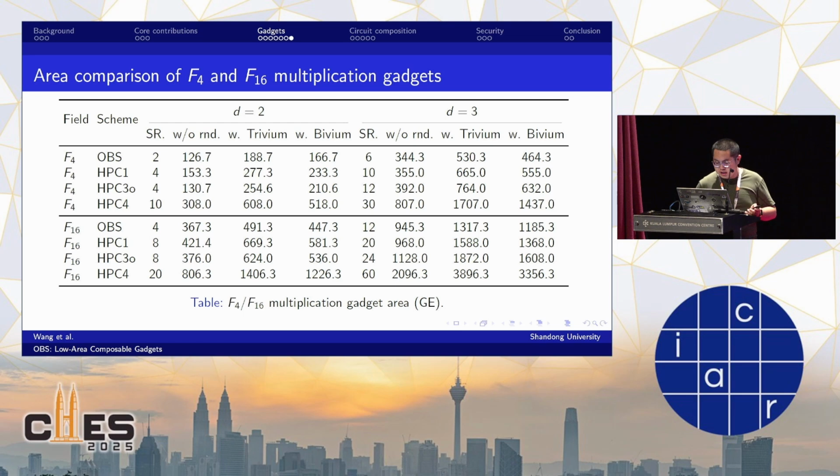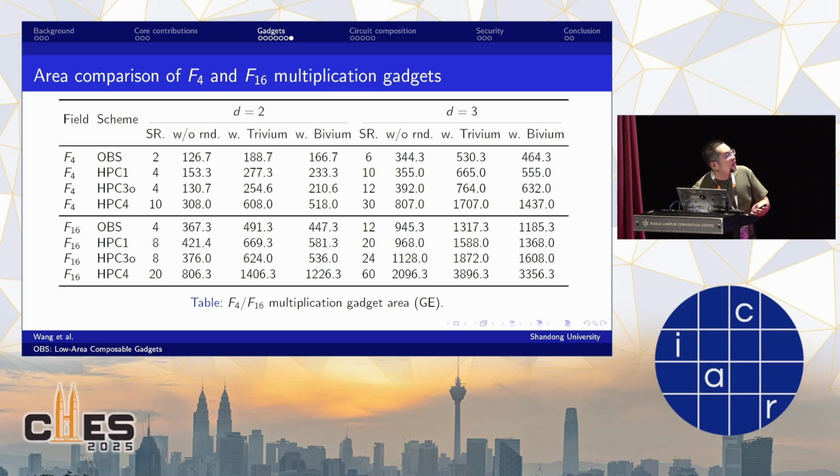In this table, we can see that OBS maintains its advantage by using fewer random sources and achieving competitive area. As the security order increases, we can also see the area advantages still maintained, which means our derivation technique preserves the area benefits.